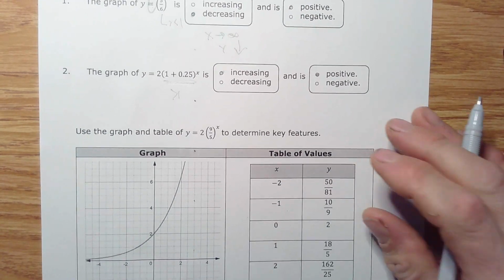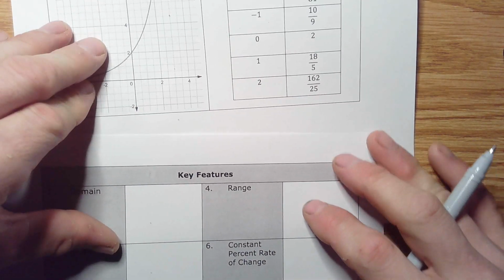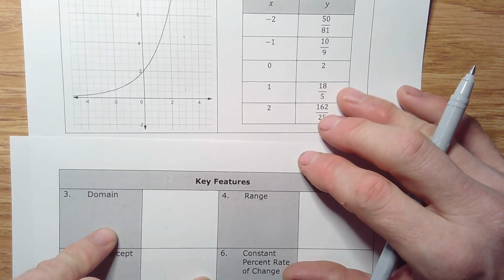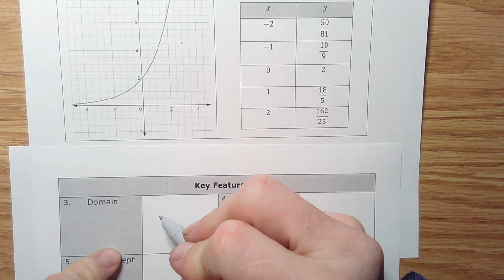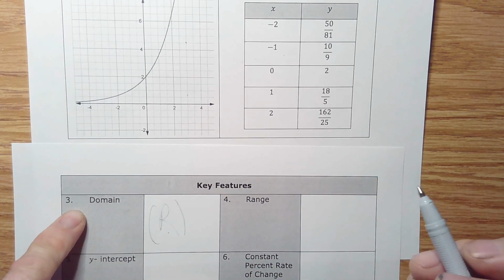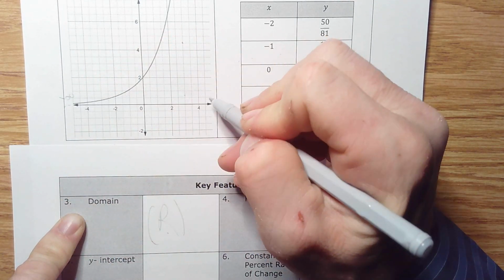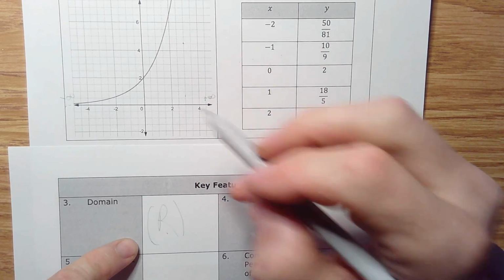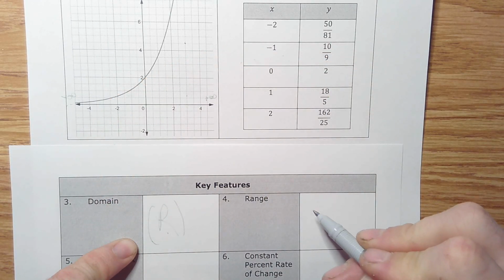Okay, so here is a graph, and it's got all these numbers here. It's asking me what the domain is. The domain, for all intents and purposes for algebra, is usually going to be all real numbers, because we're talking about everything from negative infinity to positive infinity. Now the range here, it will never reach 0, so 0 is going to be my minimum. Sorry, this would be range.